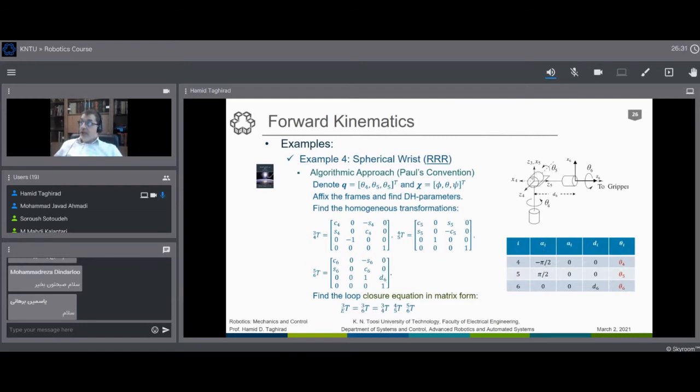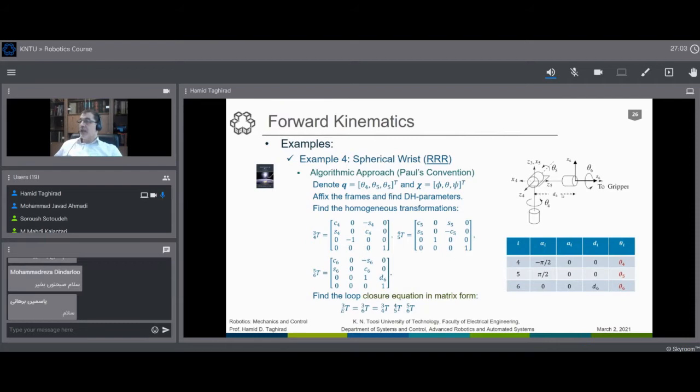So this is minus 90 degrees from Z3 to Z4, and then from Z4 to Z5 we have again a 90 degree angle, but as you see, this 90 degrees, if you put it this way, is about X5, so it is plus 90 degrees here. So simply by these two 90 degree angles, we have a spherical RRR wrist manipulator that can be considered quite easily.